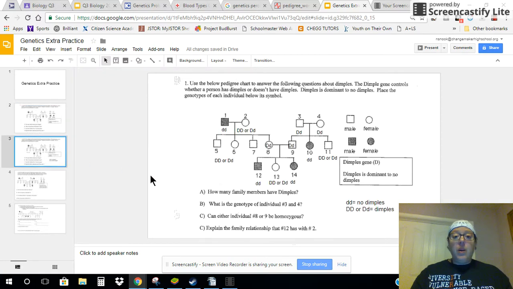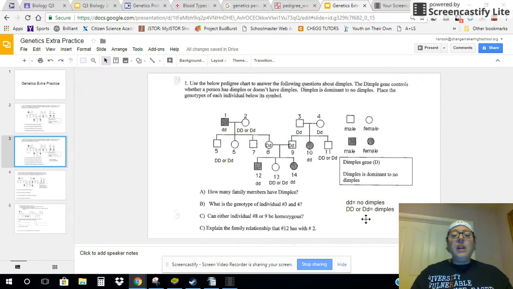On the next slide, I went ahead and filled in the genotypes of what these people have. And I made a little key down here that says little d is no dimples, to keep things straight in my brain. And big D or big D little d means that they have dimples.